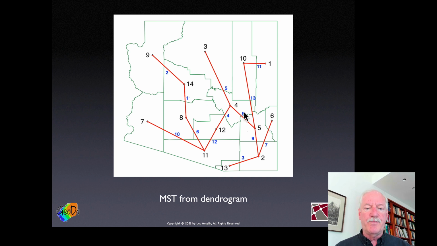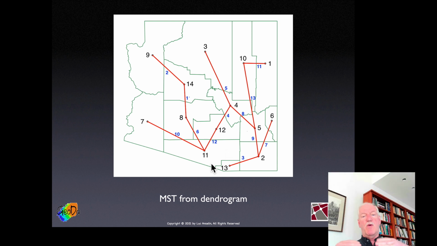And I have these little blue labeled numbers beside each edge to show you at what step in the dendrogram they are put together. So as we saw, 8 and 14 are put together first, then 9 is tacked on to 8 and 14, then 13 and 2 are put together, then 12 and 4 are put together, and so on.